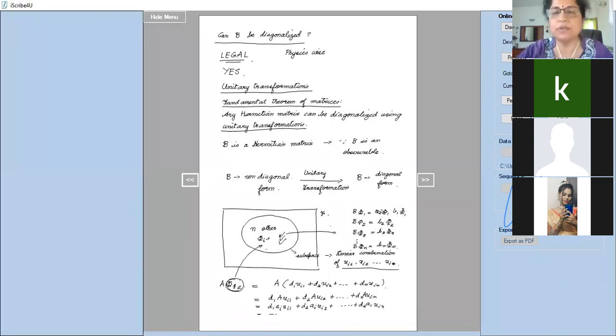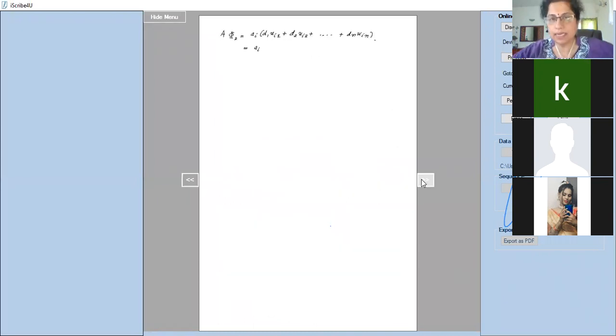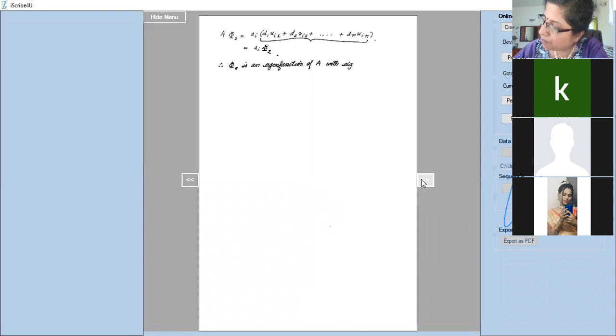So this A phi 2 is equal to, so this ai will come out common, but what is this linear combination? This is nothing but phi 2. Okay. So therefore, phi 2 is an eigenfunction of A with eigenvalue ai, right?